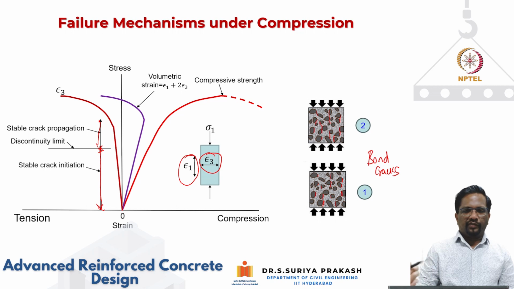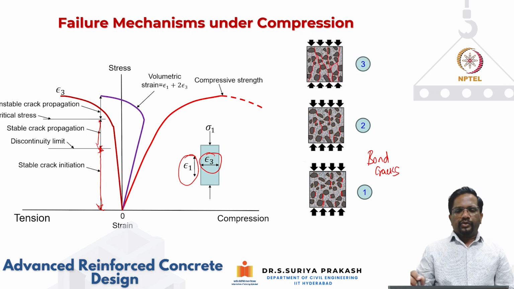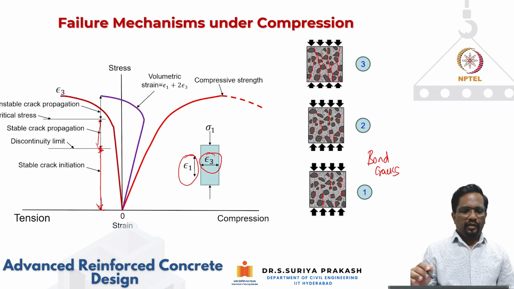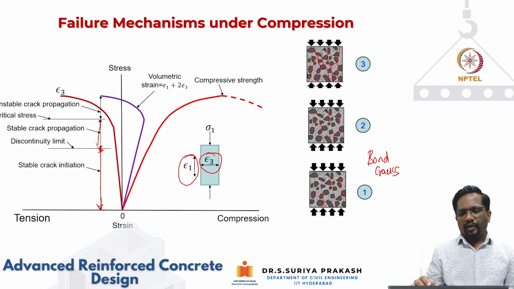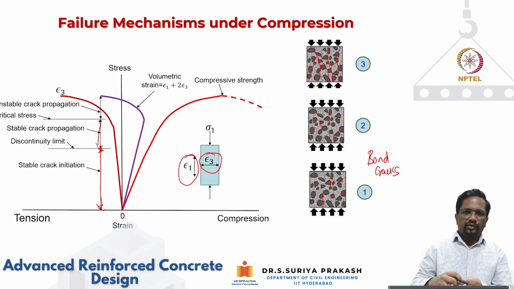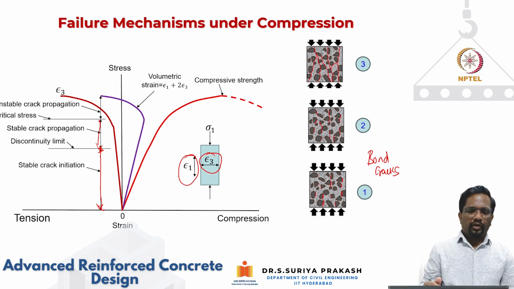Usually that happens after 40, 60, 70% of your compressive strength. But then you will also have cracks happening in the mortar, which is in the cement paste itself. Then those mortar cracks also will start joining together with these bond cracks.